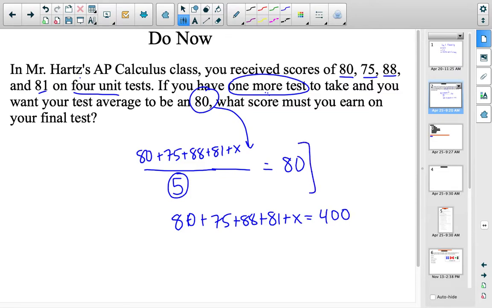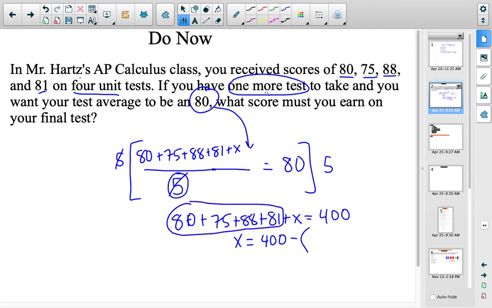Again, we're multiplying both sides by 5 to get rid of this denominator. And then we would add these all up and subtract over, and we would get x equals this 400 minus this huge sum, all of these together. We could probably do that quickly in our head.